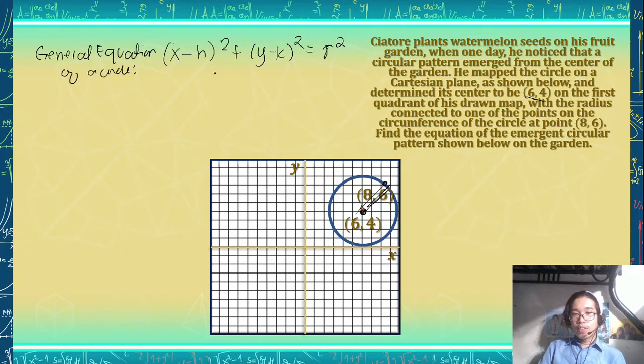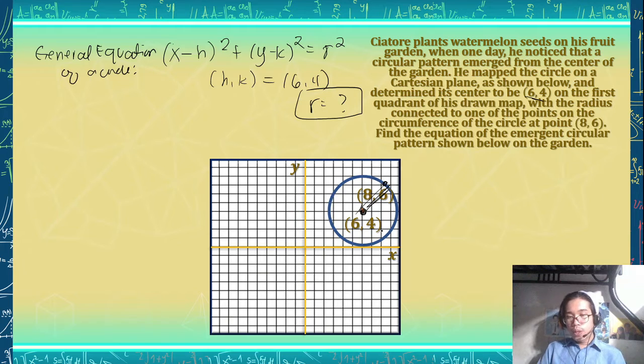We already have the value for the center. The center for this figure is (h, k), and we already have that: 6 and 4. We just need the value of the radius for this one. We still haven't found the radius.